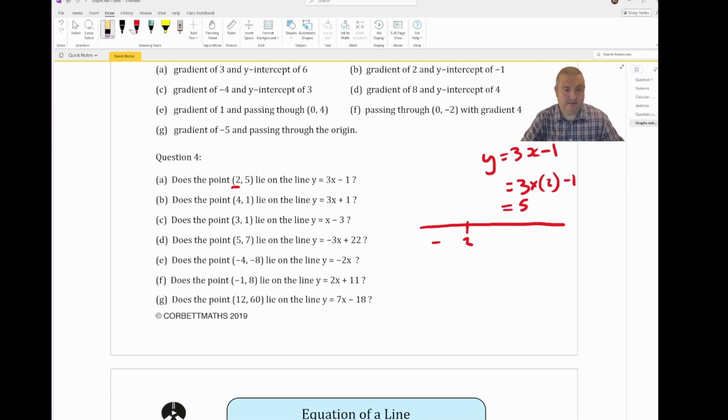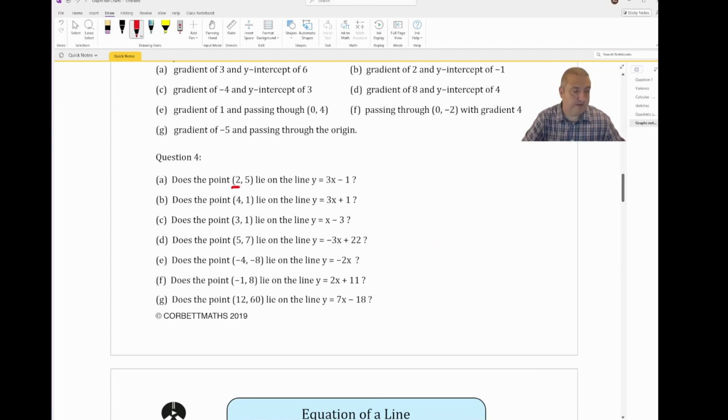Let's have a go at B to see if that works. I'm going to rub this out. So does the point x equals 4, y equals 1 lie on the same line? Well, this is B. y equals 3x plus 1. It's a different graph actually, it's plus 1. Does it lie on there?